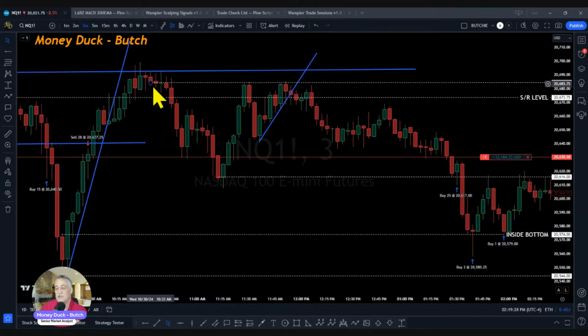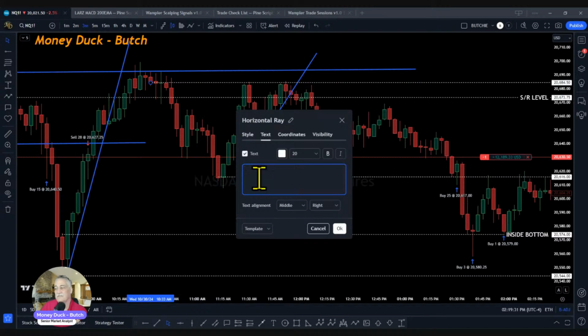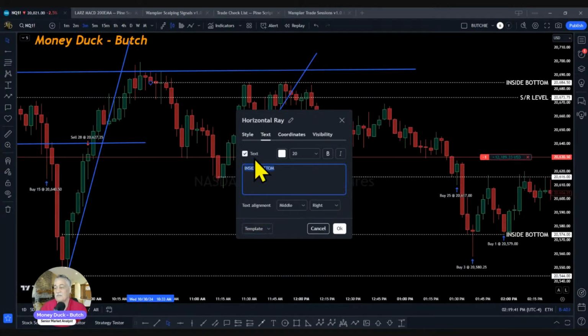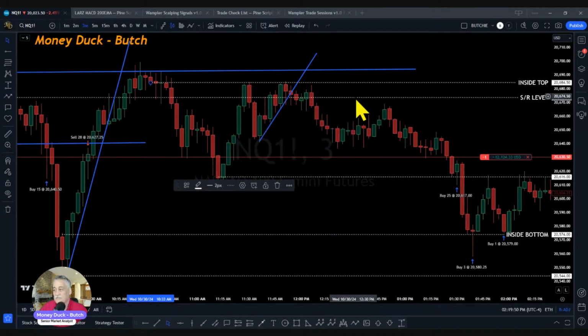So as you look here, this is an inside top. Hopefully it saved that. Where's it at? Well, I don't have an inside bottom. We'll change this to top, guys. All right, so this is an inside top that we're marking. And we can see that now.